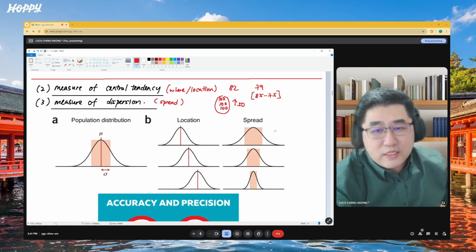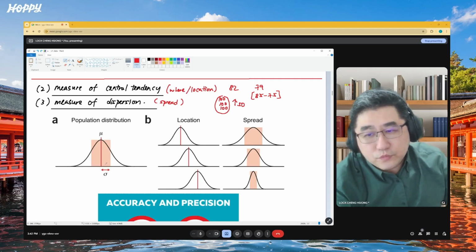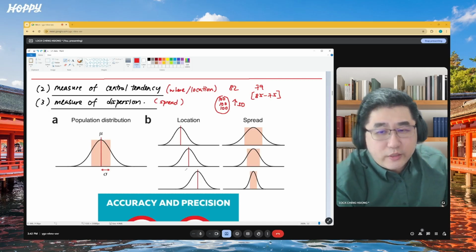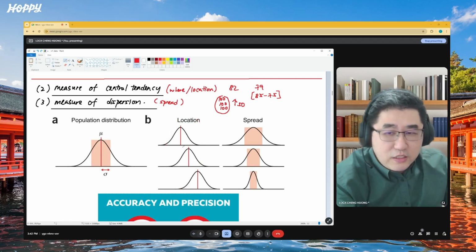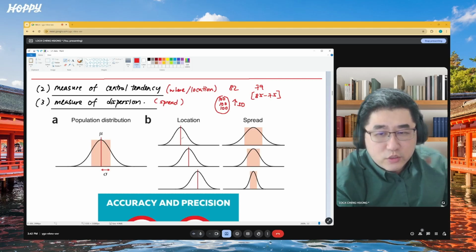We can see the spreadness by using the diagram here. In a diagram, we usually use mu to represent the central tendency and the width to represent the spreadness. Comparing the first diagram on the number line, we can see which one is higher and which is lower.